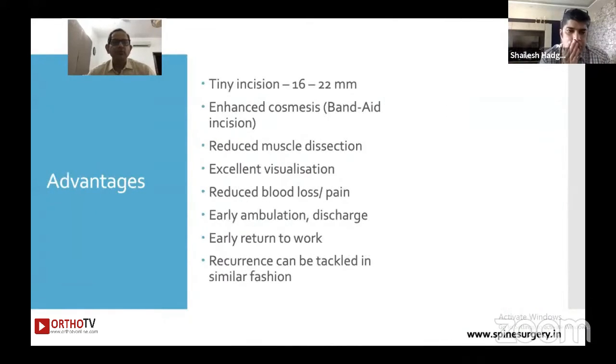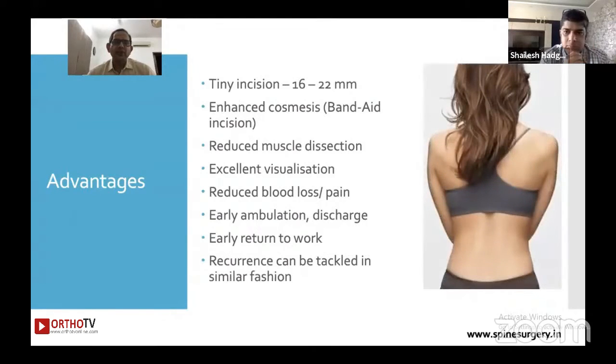The significant advantages of this system, the first being the tiny incision. It's just as small, less than an inch, as compared to the large incision that would otherwise be there on the back of this lovely lady. It has a significant amount of cosmetic appeal, and there is also a significant amount of reduced muscle dissection. The visualization is fantastic.